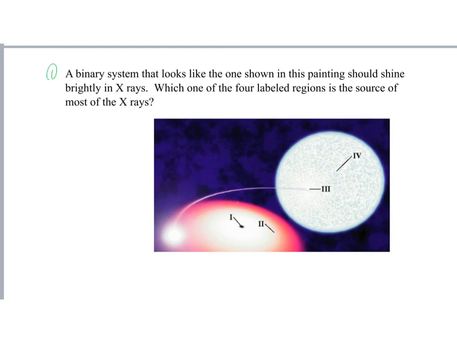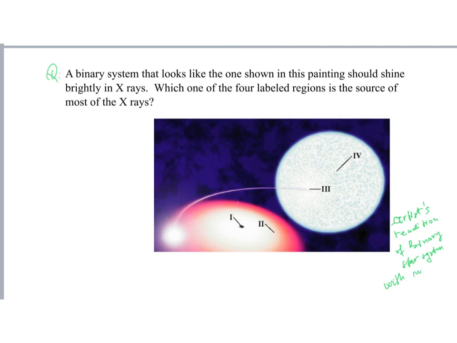Here's another question. We have a binary system here that looks just like in this painting. This is an artist's rendition of a binary star system with mass exchange, right?